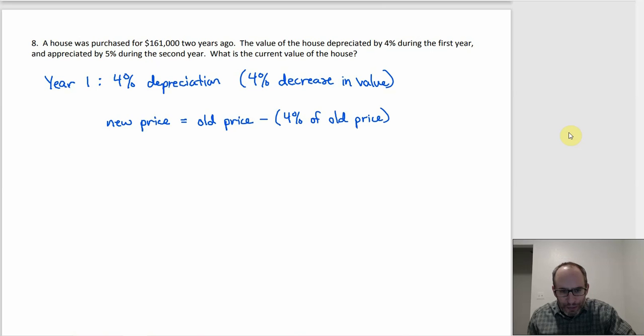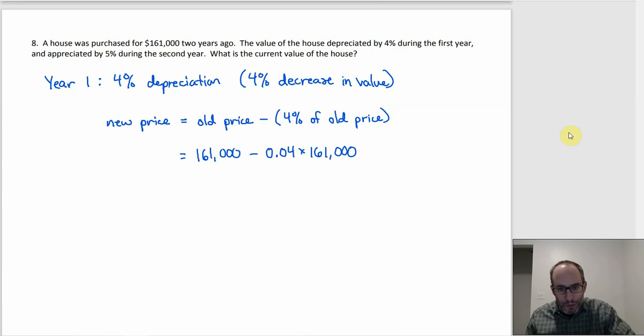So, okay, the old price is your starting price here. Right, it's your starting point at the beginning of year 1, we're at 161,000. So we'd have 161,000 minus 0.04 times 161,000.